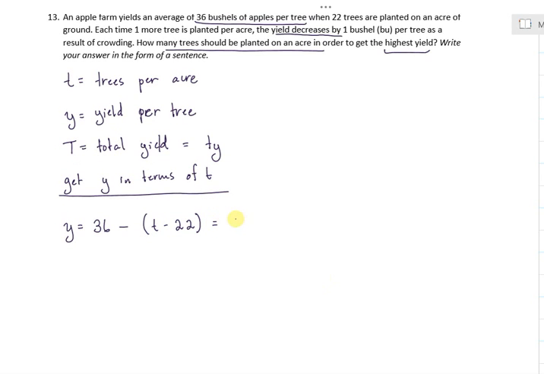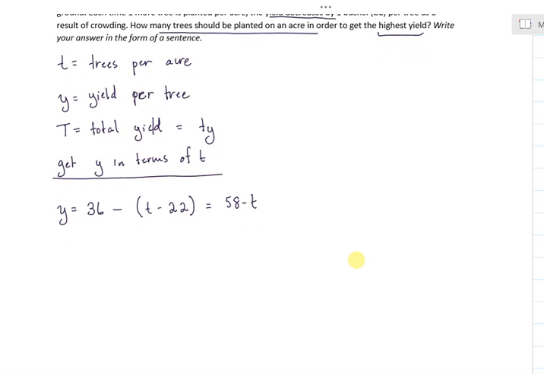So I can rewrite that, distributing the minus sign, as 58 minus t. This makes my yield function now be t times y, which is t times 58 minus t, or 58t minus t squared. Now I want to maximize this, so I want to take my derivative.